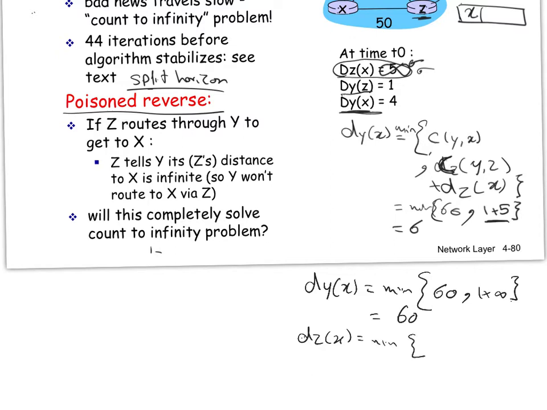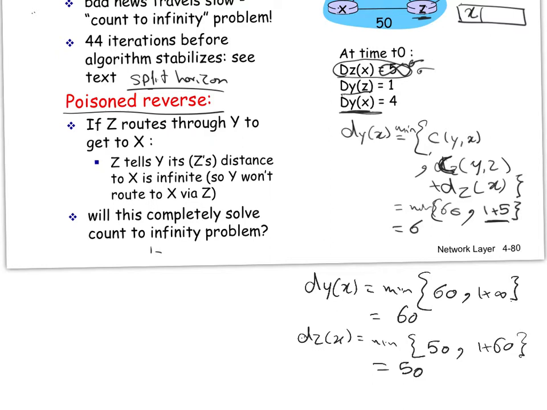So this is actually the minimum of the distance between Z and X, which is 50, or the distance between myself and Y, which is 1 plus 60, right? So what is the minimum? It's 50.